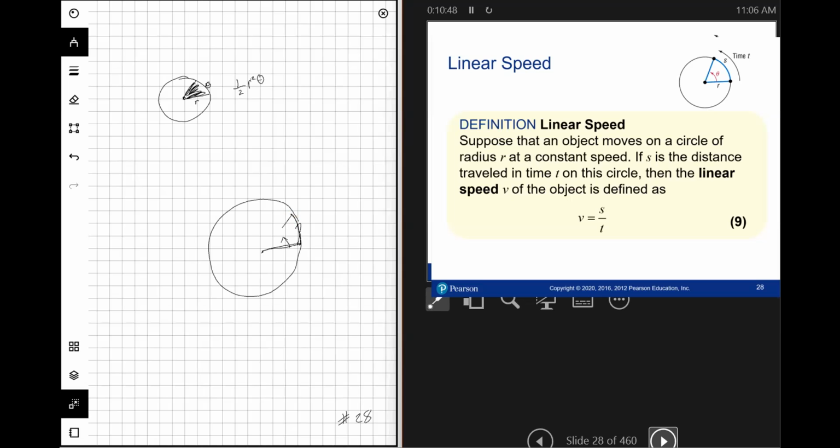How fast is it going at the end of the arc length if this is s and this is theta, and the object is traveling in t number of units. So t is a measure of time. And s is the arc length.